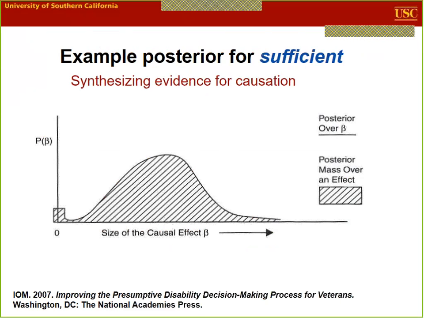I'm going to show you four distributions of essentially strength of evidence, of belief. We're looking at some causal effect, and we're now looking at a distribution for values that that causal effect might take. So here is no effect, and here's increasing effect coming along here. So if you look at this, there's some possibility that there is no effect, but most of the mass of probability sits well towards having an effect. So that might be sufficient.